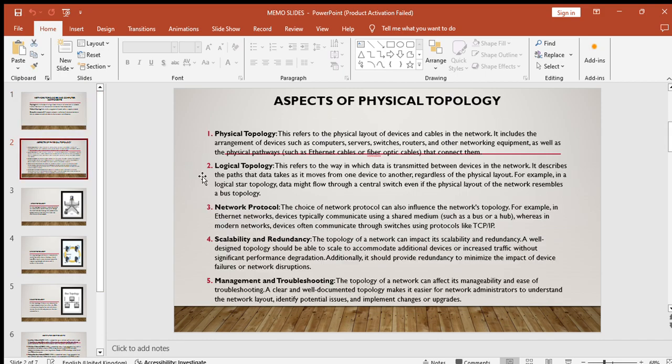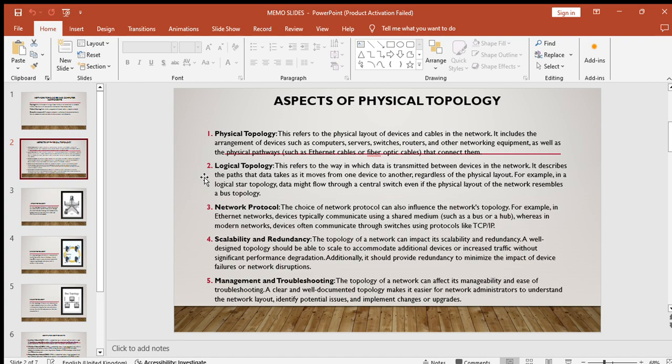What are the aspects of the physical topology? We know about the topologies being two, one that is physical topology and another being logical topology. Those are the main, but we have the aspects, and the aspects are: one, physical topology, which refers to the physical layout of devices and cables in the network.